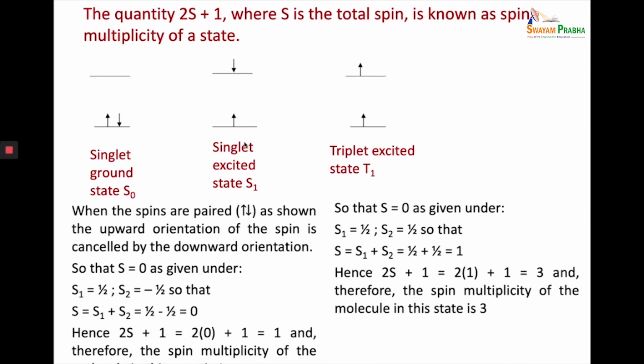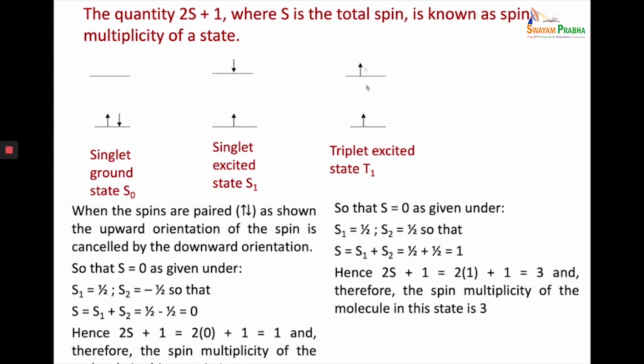Then again we can find out the value of spin multiplicity. If it is anti-parallel, then obviously the total value of S will be plus 1 by 2, minus 1 by 2, so this will come out to be 0. So 2S plus 1 will be equal to 1. Therefore, it will be a singlet state. But because it has been excited to a higher energy level, this is called a singlet excited state.